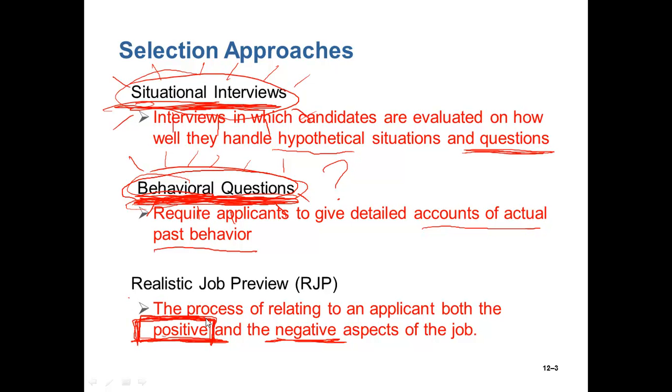If you give people just the positives, you're going to get a pretty good sample of people interested in the job. What would be the problem, though, of only giving positive? I would say expectations, right? People are going to get unrealistic expectations. They're going to be disappointed down the road. So with a realistic job preview, we're probably scaring people off.